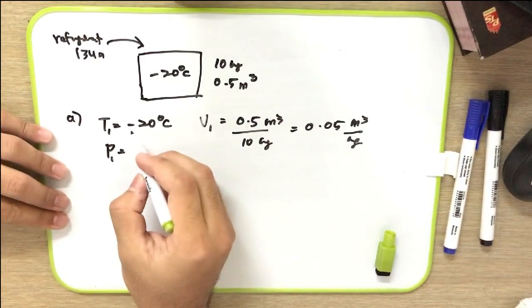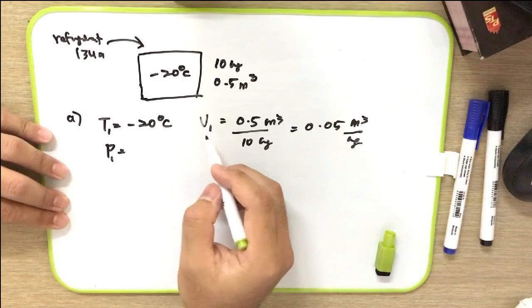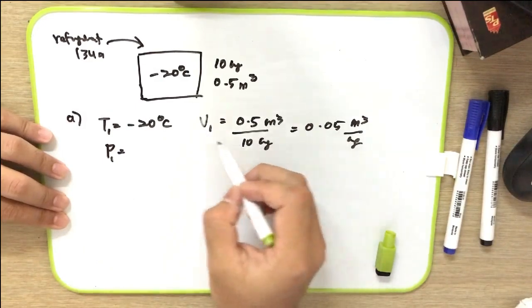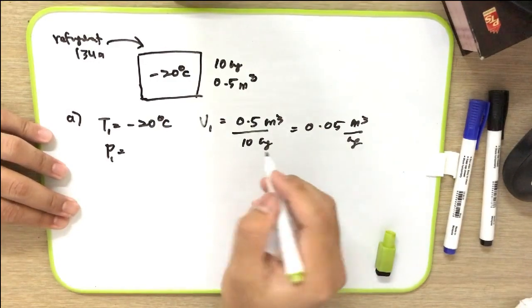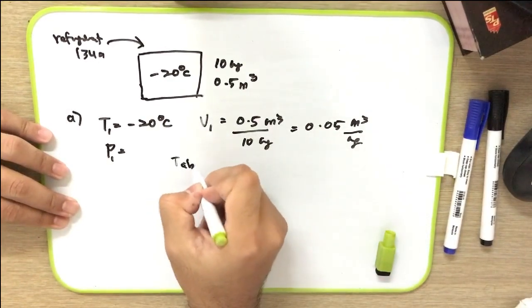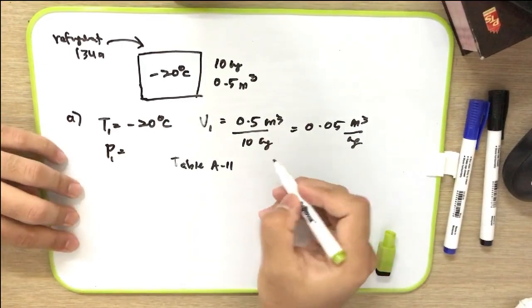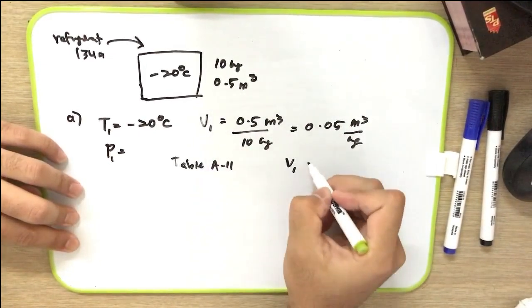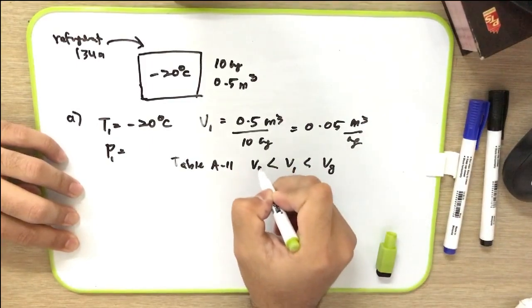So we check at negative 20 degrees C, and we check whether this V1 is between VF and VG or not. After we check table A11, we have found that this V1 is between VF and VG.